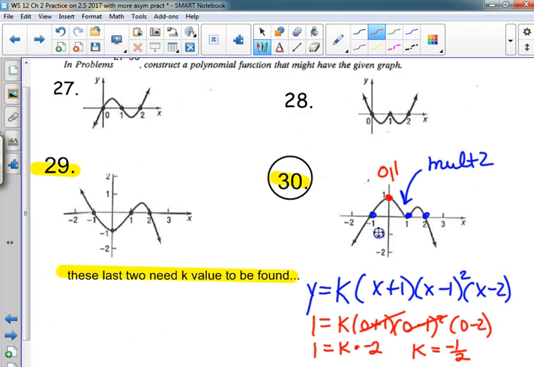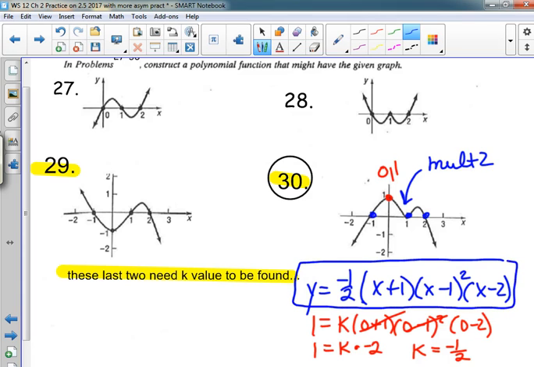Why? Why does it seem like it has to be a negative? It's opening down, right? Okay. So can you now do the 2 you need to do?